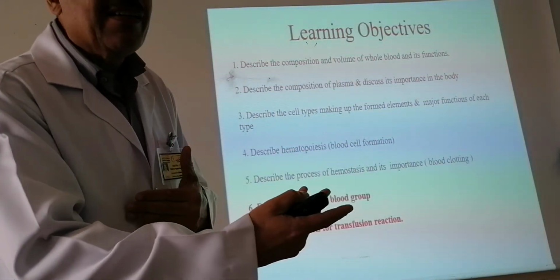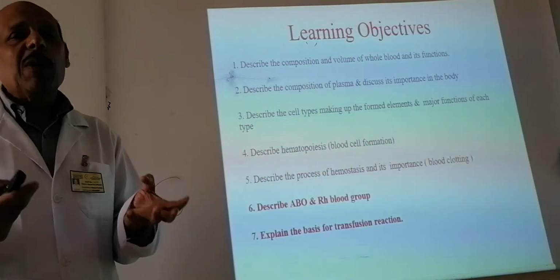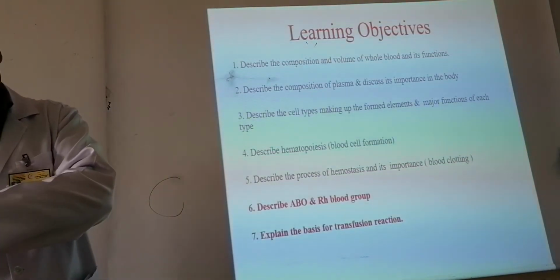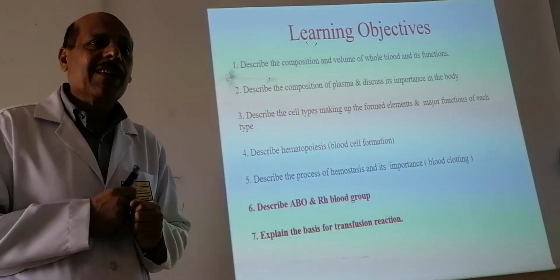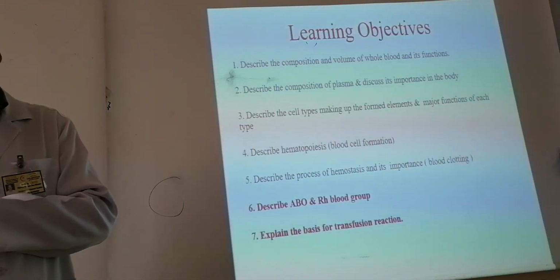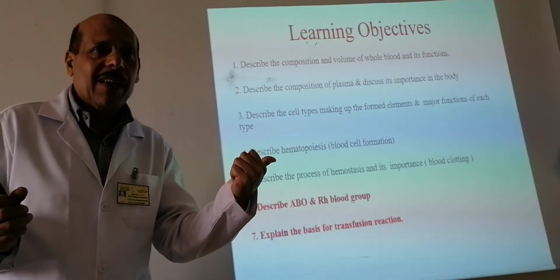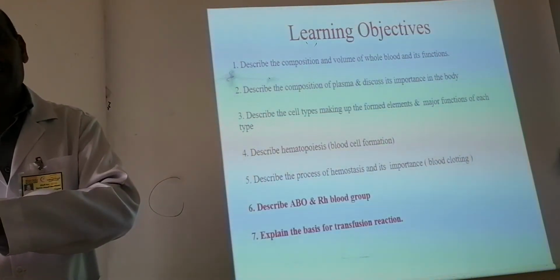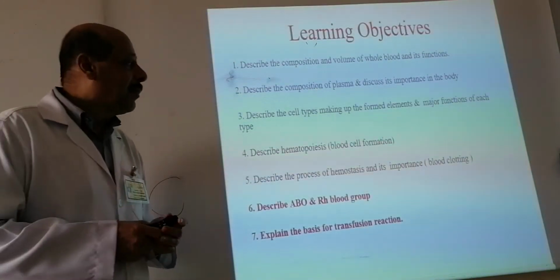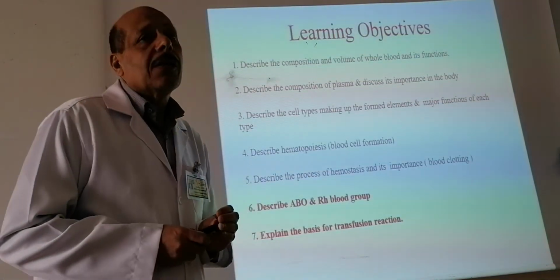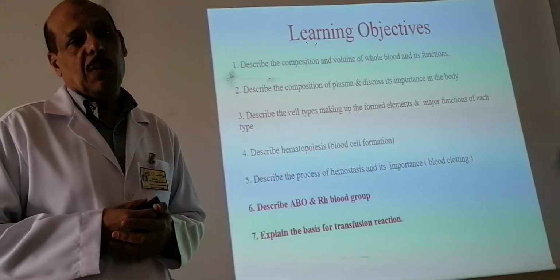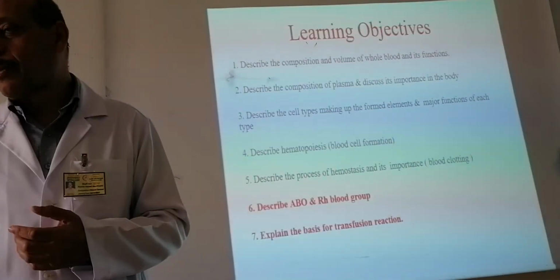In the plasma, the antibody will be different. If the blood group is A, the antibody will be B. If B, the antibody will be A. If O, the antibodies will be A and B. So this forms the different types of blood group. Then we will come to the positive and negative, which is the rhesus factor.